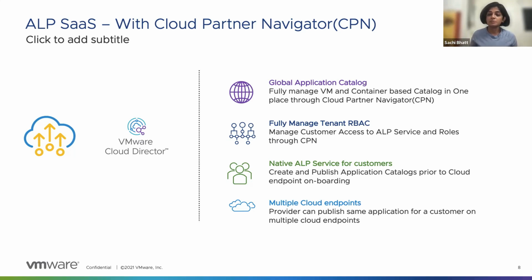So when a customer is onboarding on a new, say, CDS, or signing up for a new SDDC, they will get those services on day zero. The provider can now plan all the applications and catalogs on ALP SaaS, and it becomes a day zero service, versus where we individually install ALP as an extension on each and every VCD instance.